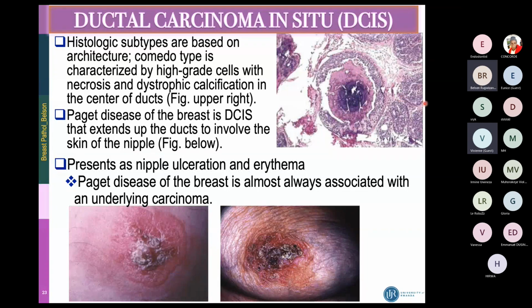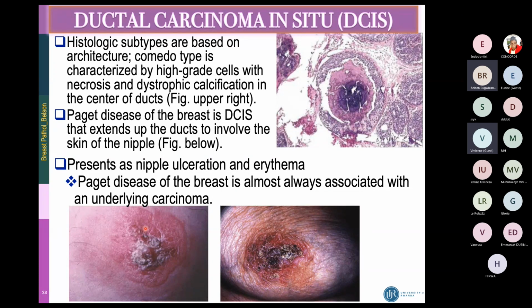Sometimes it presents with what we call Paget disease. This means Paget disease of the breast, and we also have extramammary Paget disease, which affects the vulva and also the bones. So what characterizes Paget disease of the breast? It usually affects the nipple; you find the nipple is gone, as if something came and took it away, and you see a small ulcer. When it is like that, it is usually Paget disease.